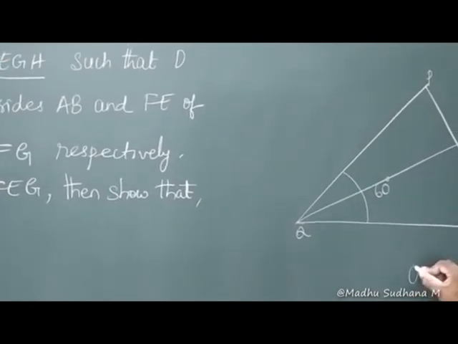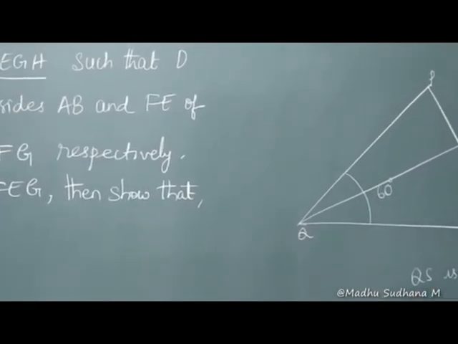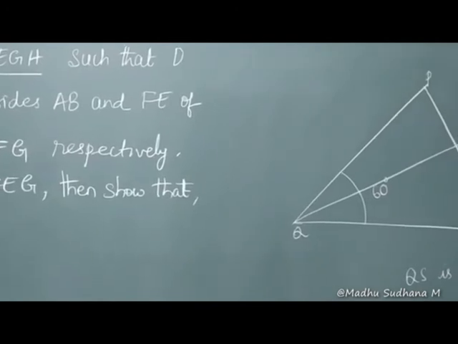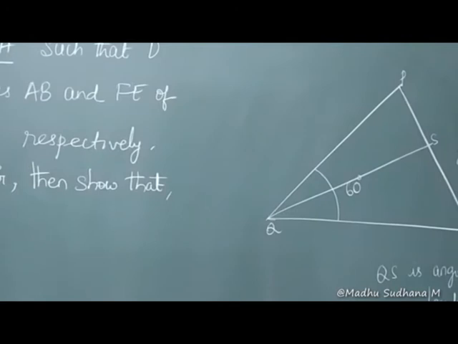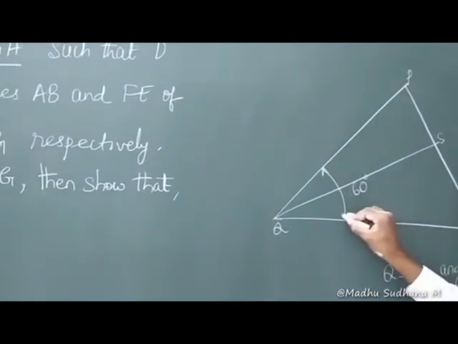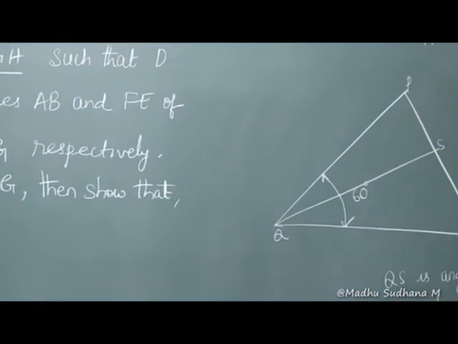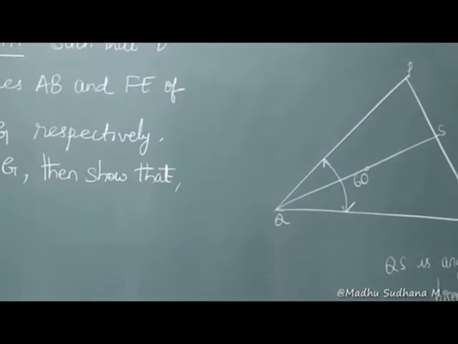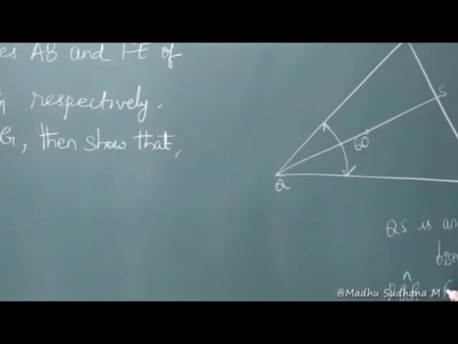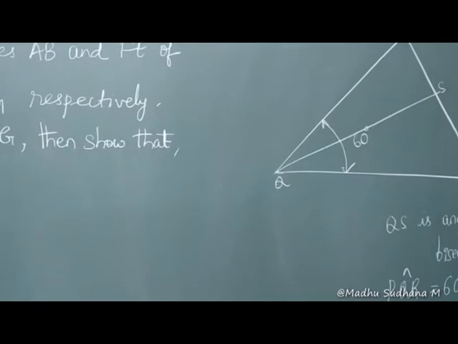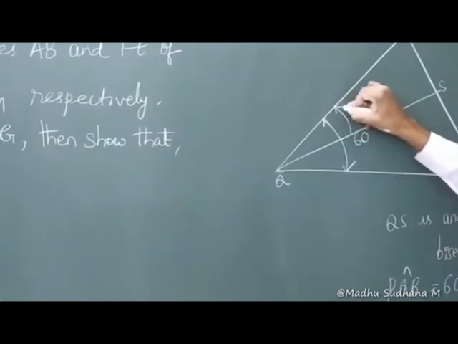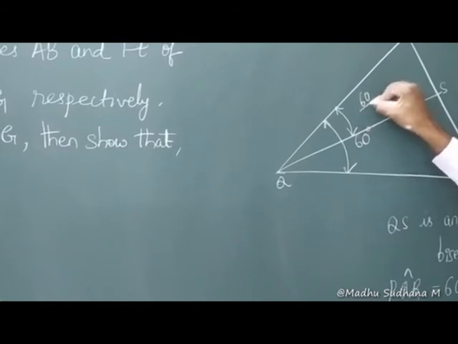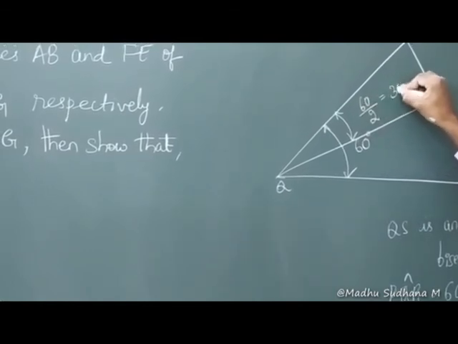So if QS is the angular bisector, this complete angle PQR is equal to 60 degrees. Given the angular bisector, this angle will be equal to 60 divided by 2, which is equal to 30 degrees.